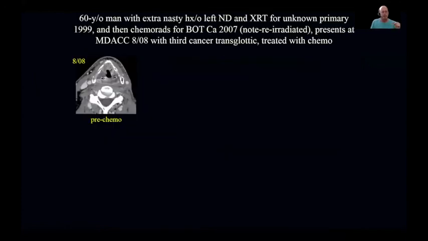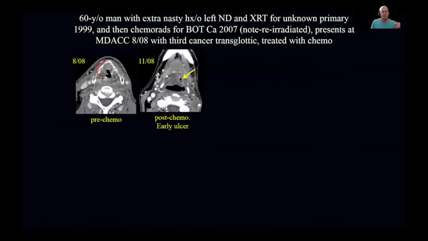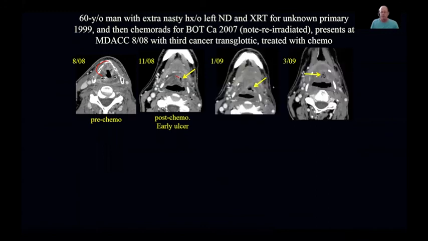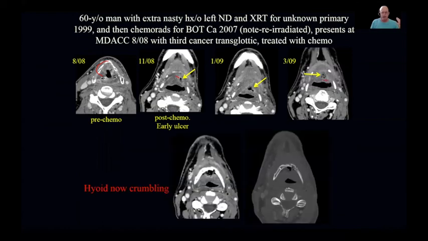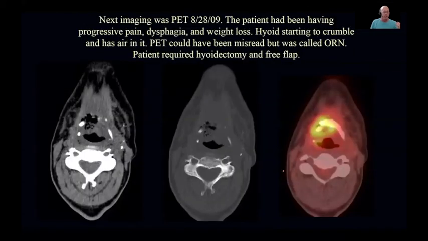So this patient has a malignancy here, had been radiated previously, and now was re-irradiated for this supraglottic or transglottic malignancy here, and then subsequently developed this early small ulcer in the vallecula, and that ulcer got bigger, and eventually it came in very close contact with the hyoid bone, and now the hyoid bone is exposed, and it's frankly crumbling, as we can see here, and they gave hyperbaric oxygen and nothing helped, and now the hyoid bone is missing chunks of itself and is hot.